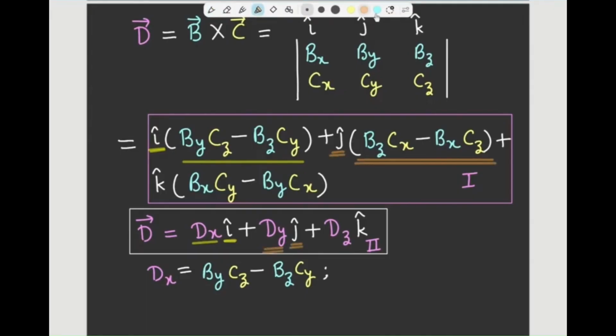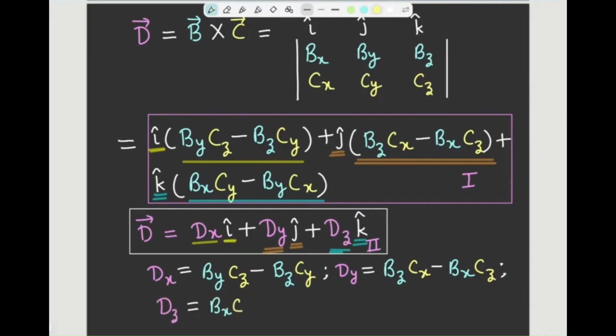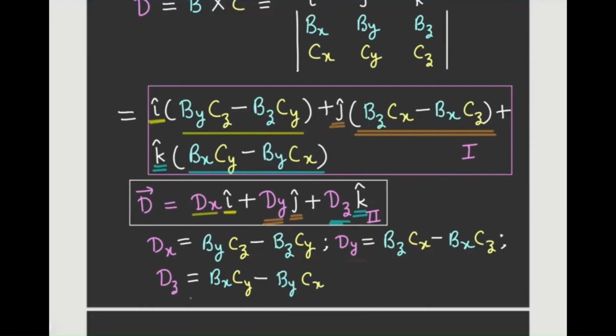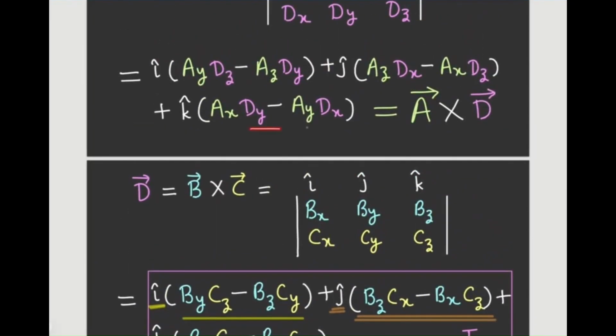Similarly, when we equate the coefficients of the unit vectors j hat and k hat in the two equations, we get dy equal to bz cx minus bx cz and dz equal to bx cy minus by cx. So here we have expressed the components of the vector D, that is dx, dy, and dz, in terms of the components of the vectors B and C.